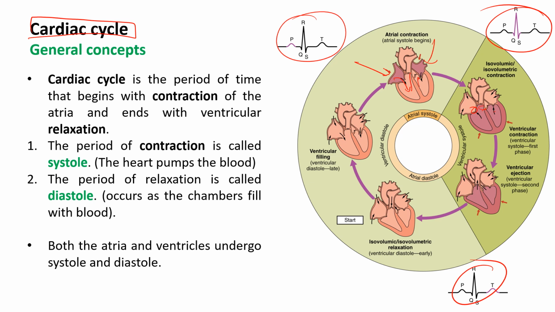Remember that a cardiac cycle is a period of time that begins with contractions of the atria and ends with ventricular relaxation, right? We said contractions, systole, and relaxation, diastole.